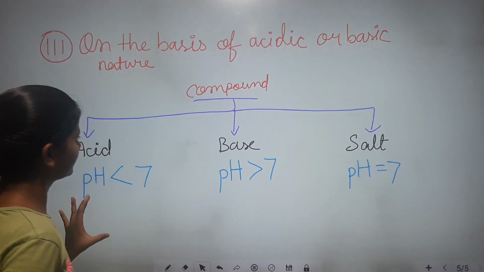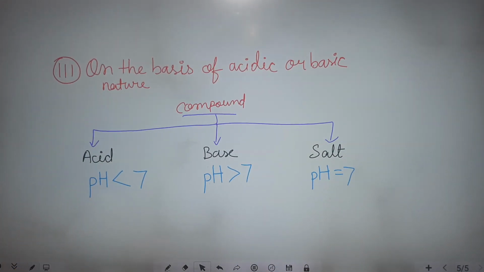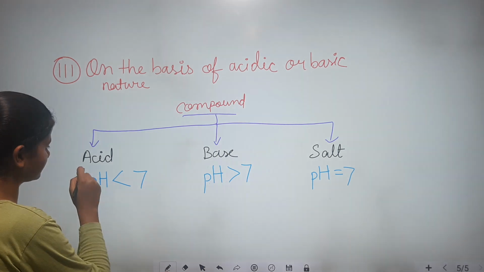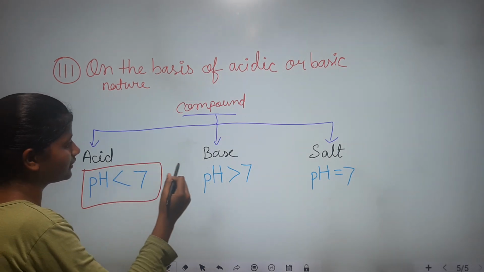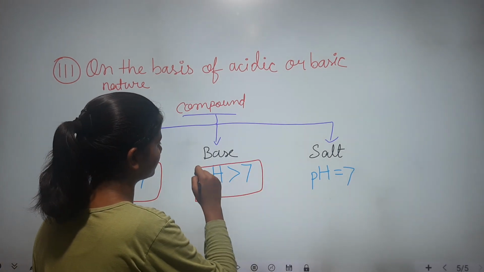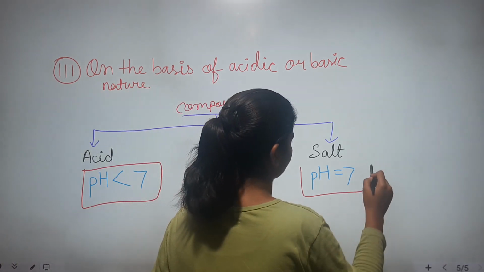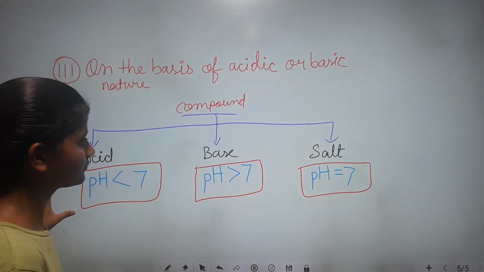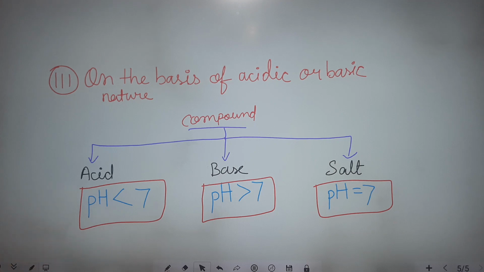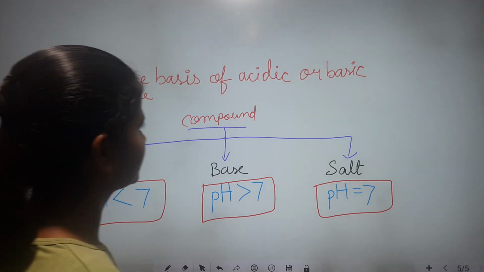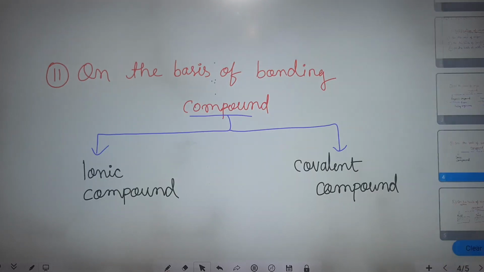Okay, so here the pH value of acid is less than 7, the pH value of base is greater than 7, and the pH value of salt is equal to 7. So I hope you understand the classification of compounds.